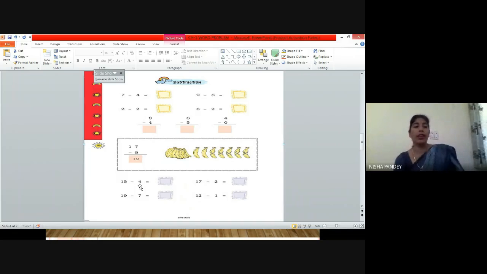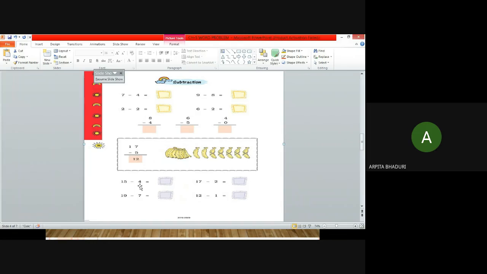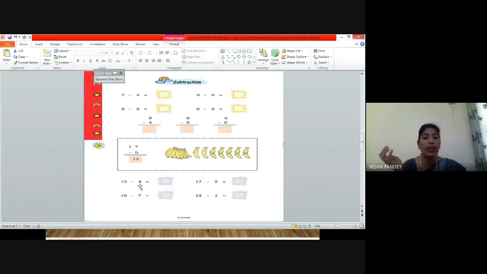Your friend has eaten 4 apples. So how many apples are left? Suppose this is the condition. So just do backward counting: 15, 14, 13, 12. How many times do you have to do backward counting? 4 times. So how many are left? 11.